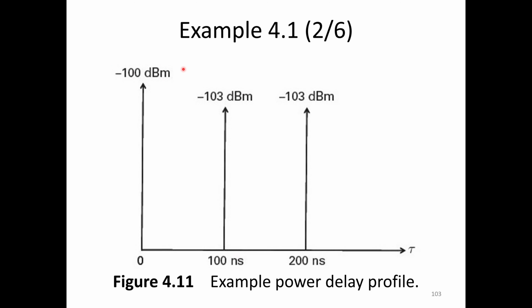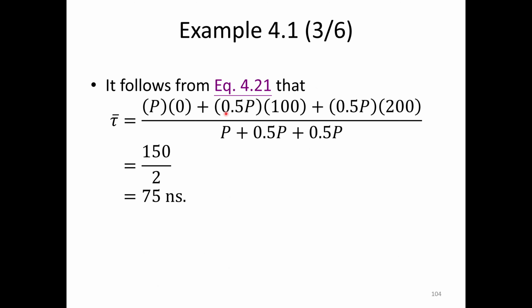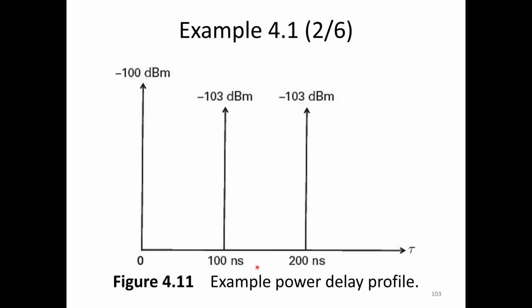As we know, 3 dB is approximately a factor of 2, so the power of this impulse is approximately 0.5 P, and tau k is equal to 100 nanosecond.